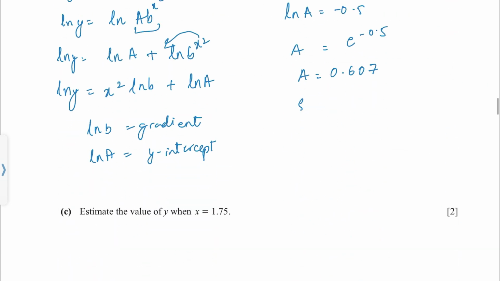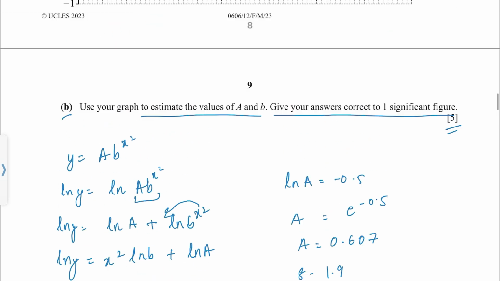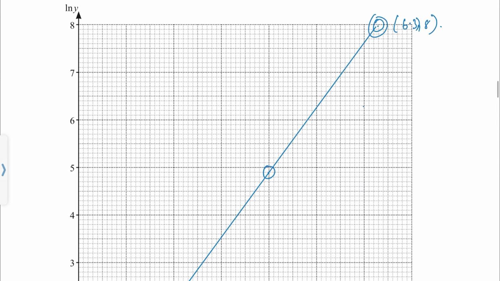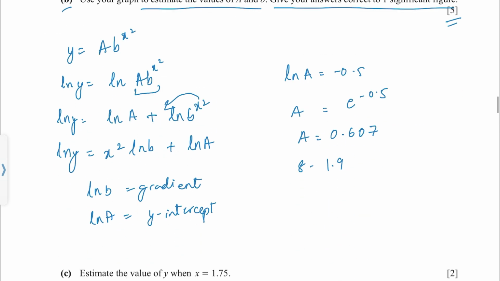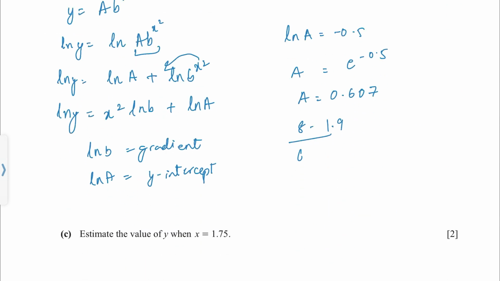So our gradient would be 8 minus 1.9, y2 minus y1, over 6.3 minus 1.8, x2 minus x1. This would be our ln b.